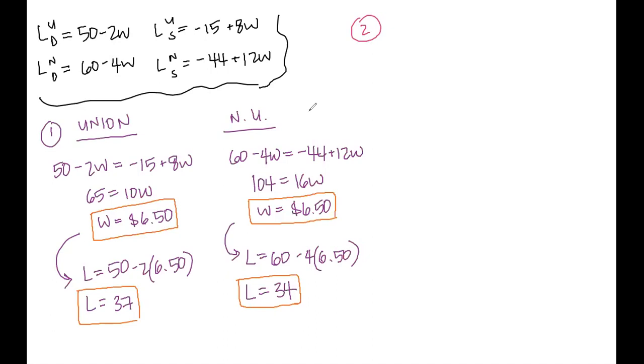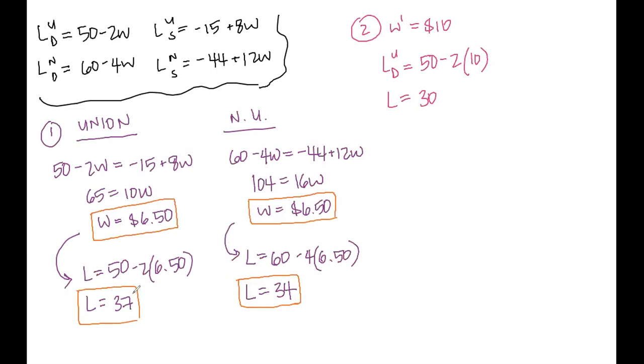Like we did in the last problem, we just need to put this new wage into our equation and find out how many workers are being demanded by firms. So we can do LD equals 50 minus 2 times 10. We can see this now becomes 30.